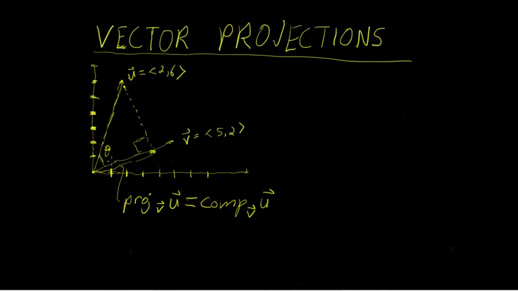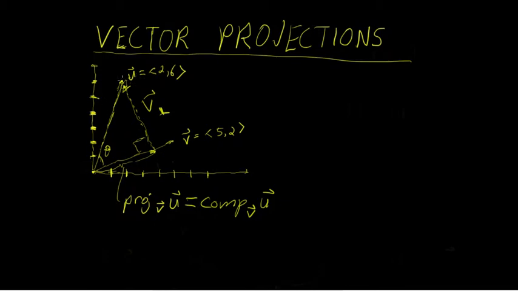Well, we can see that this vector here, and let's say we turn this into a vector, and let's say we call this vector here v perpendicular. So we can see the projection of u onto v, v perpendicular, and u form a right triangle.